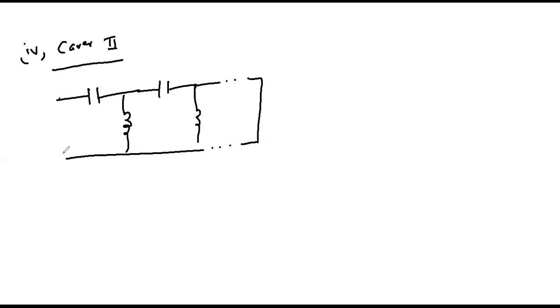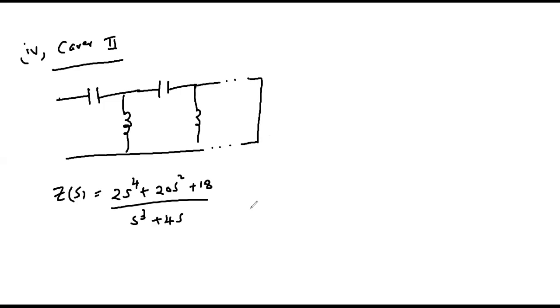We need to write our transfer function, which was given by Z of s to be 2s^4 + 20s^2 + 18 divided by s^3 + 4s, in ascending powers of s. This can be written as 18 plus 20s^2 plus 2s^4.